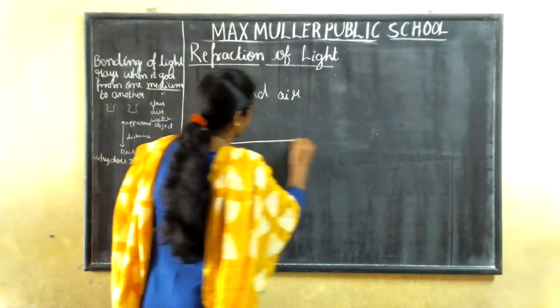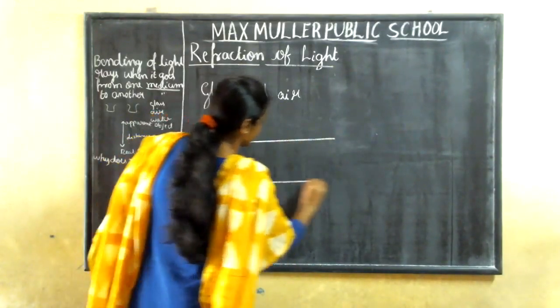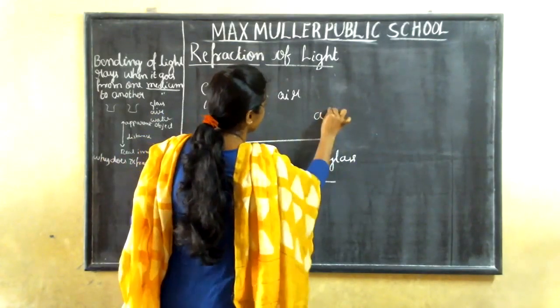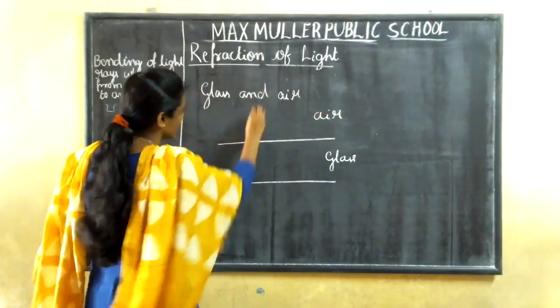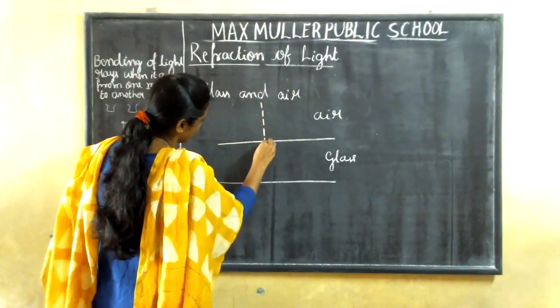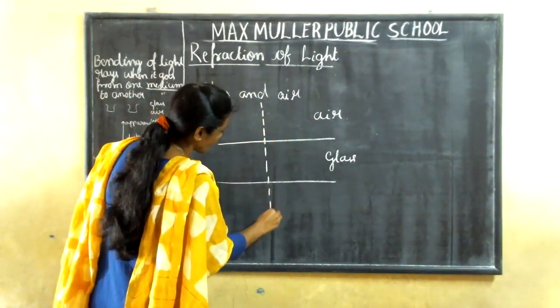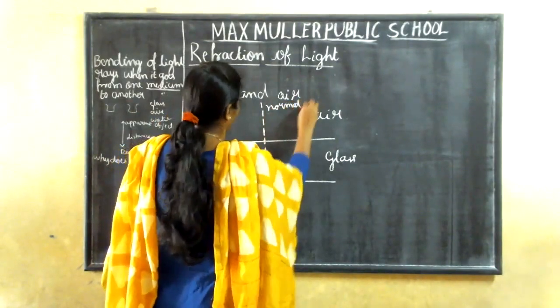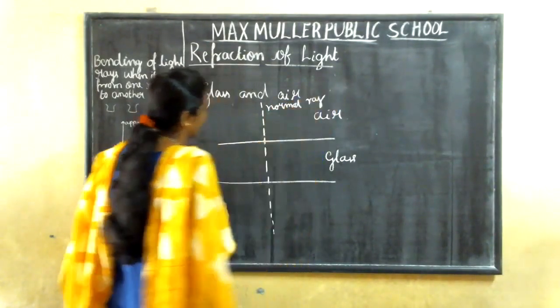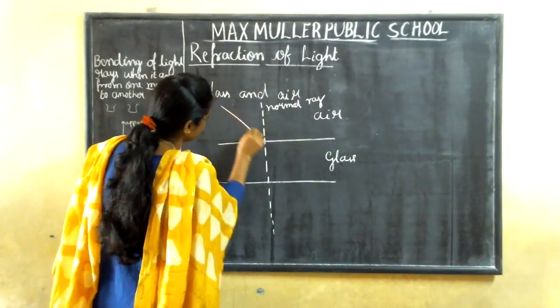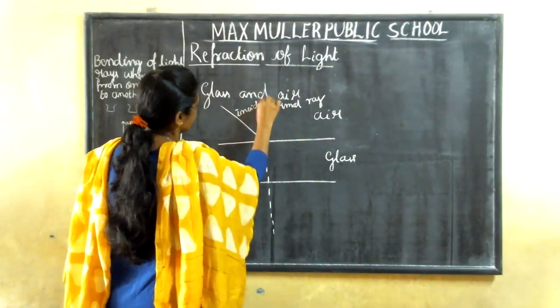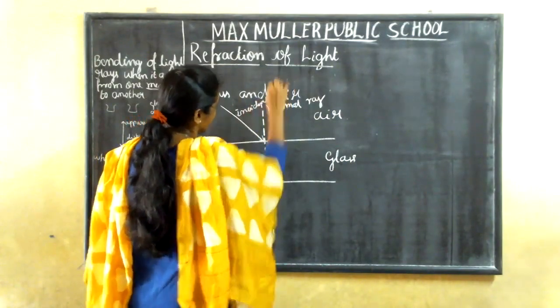This is a glass, and this is an air medium. Here is a normal ray, and now this is an incident ray.